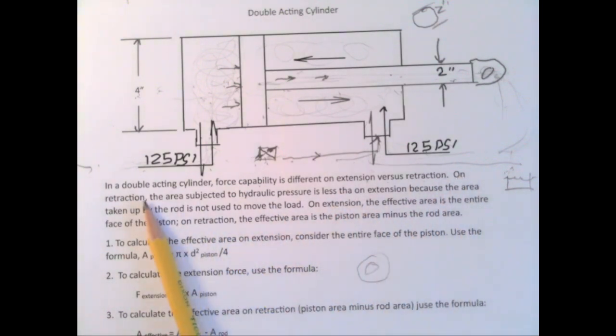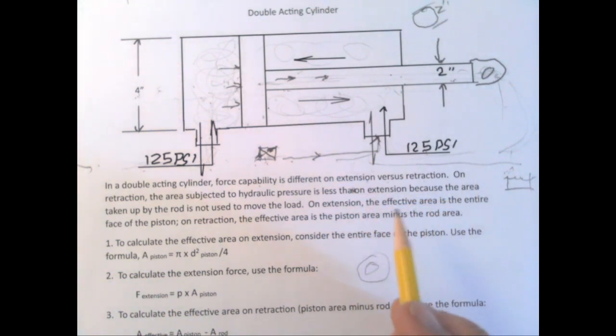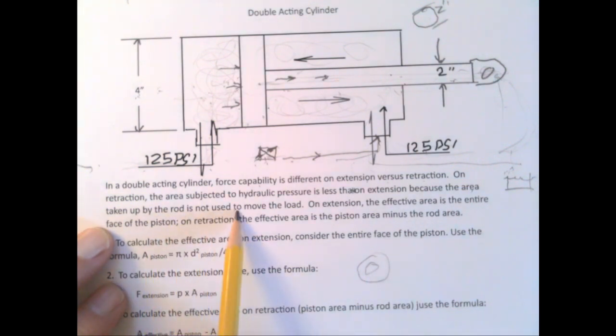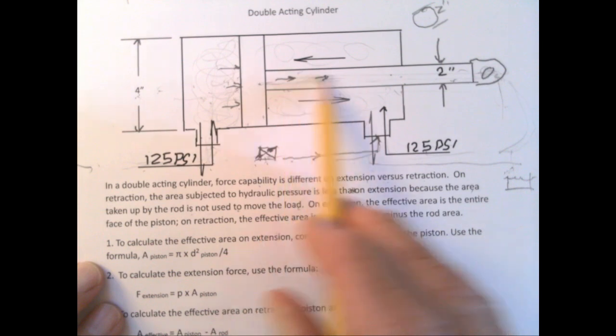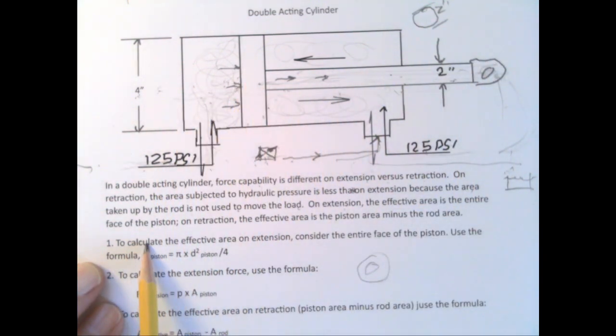So on retraction, the area subjected to hydraulic pressure is less than on extension. Typo there. On extension, because the area taken up by the rod is not used to move the load. On extension, that's going that way, pressure going that way, coming in this way. On extension, the effective area is the entire face of the piston.